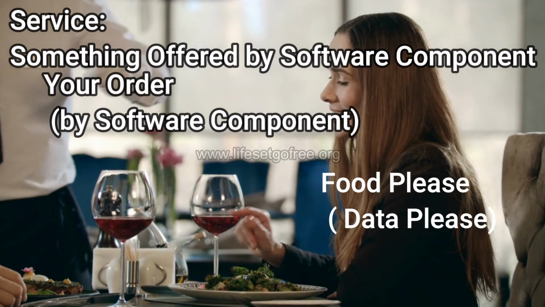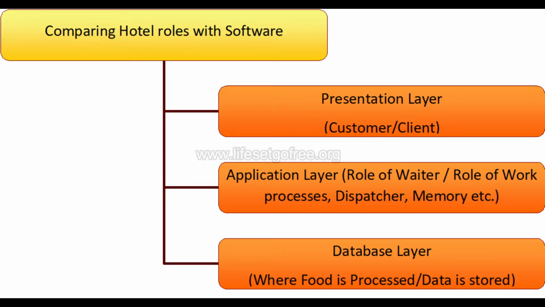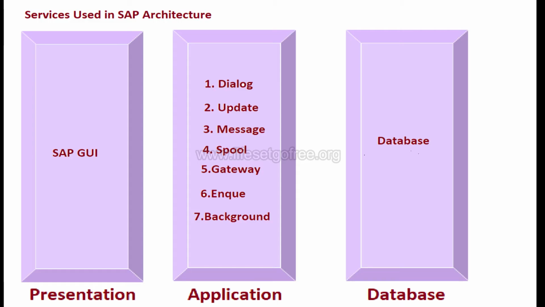Okay, in terms of service, you also know that there are three layers: presentation, application, and database layers. Okay, so if you divide these layers in terms of service, in the presentation layer, what service will be there? There will be GUI service.